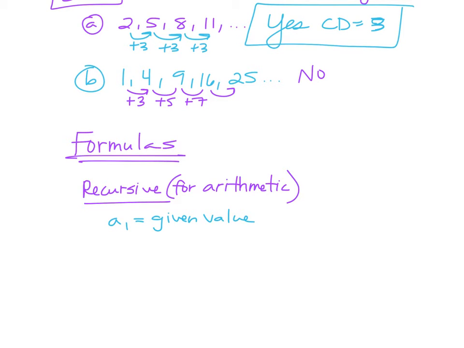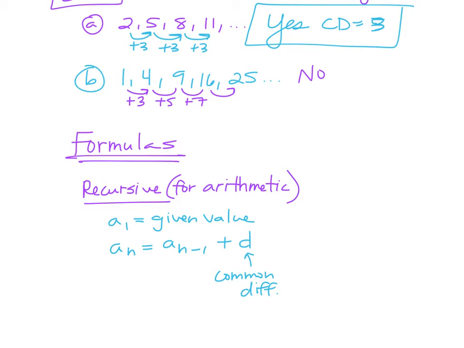And then A sub n will always be A sub n minus 1, like we just said before, plus what we call D, which is our common difference. We just did this in the last lesson, so this should not be a new concept to you. It's just that now we're giving it a form, giving it a variable in that place. So that is the recursive formula.